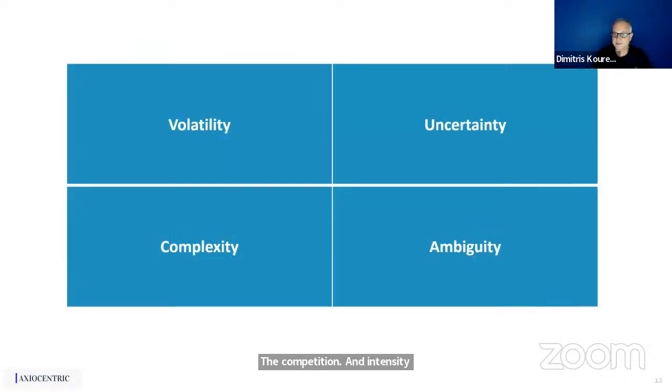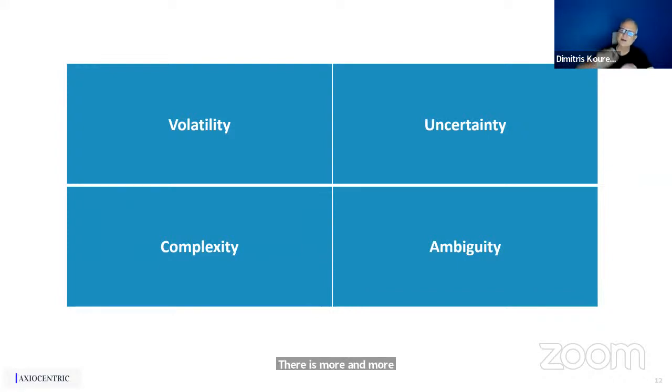So leaders face a major challenge, this VUCA world of continuous changes. The world is more uncertain. It's very difficult to predict what will happen tomorrow. There is more and more complexity. It's very difficult.